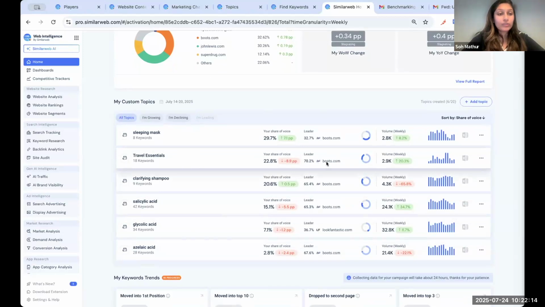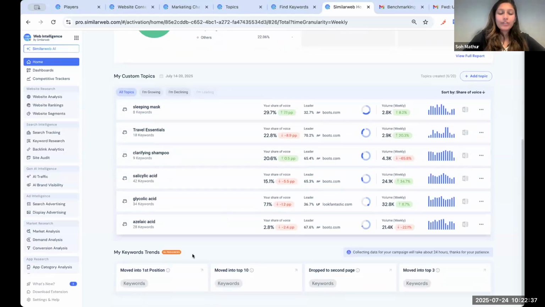It's actually Boots, who's getting 70% of that traffic just in the last week. This is only the last week, right? And you can see that the share of voice for Space NK has actually dropped 9%. So this is how you can track all of the relevant topics that you want to be really visible for, and be tracking against your competitors.